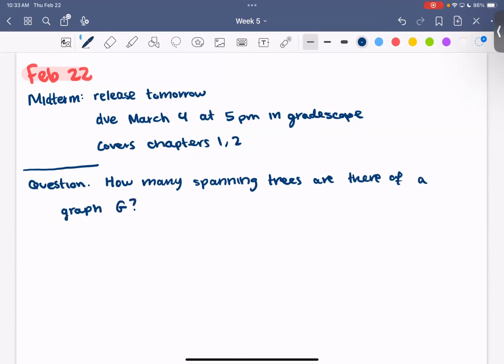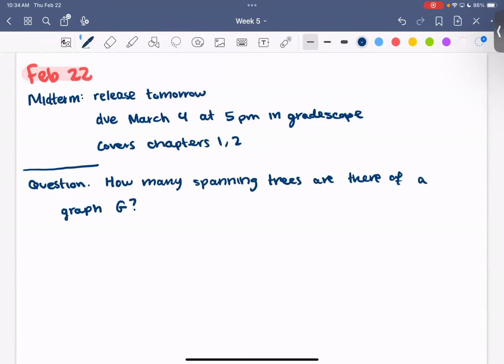Just to refresh, what is a spanning tree? It's going to be a tree, so a connected and acyclic subgraph of G that touches all of the vertices. So it's a spanning graph.